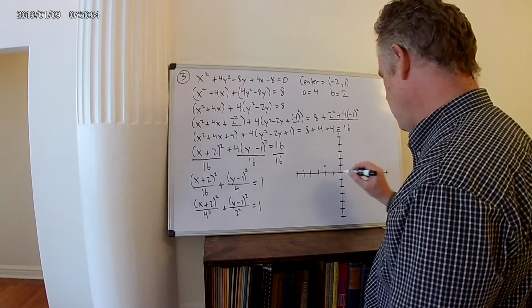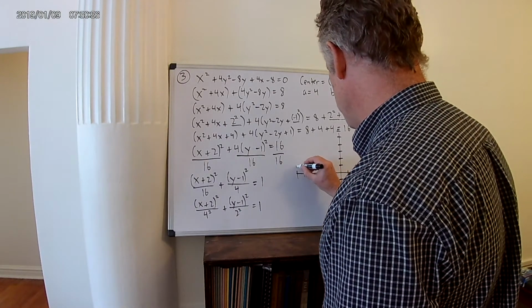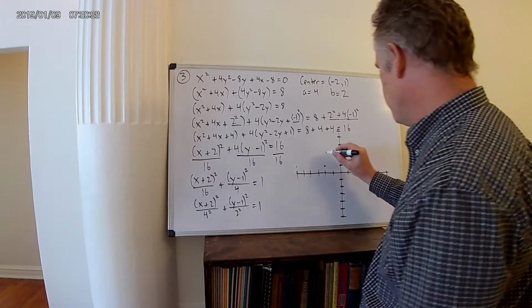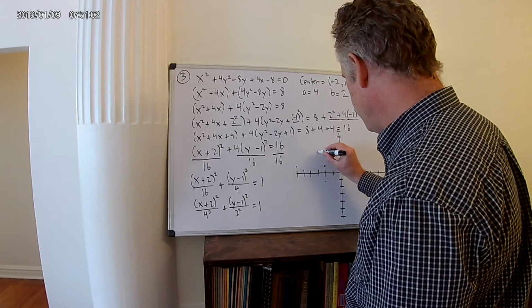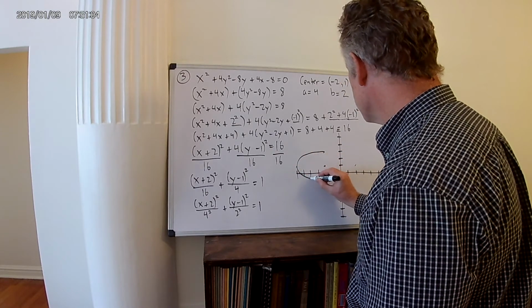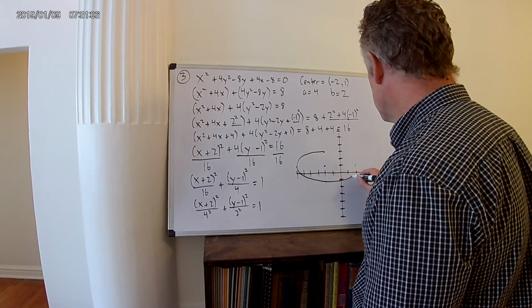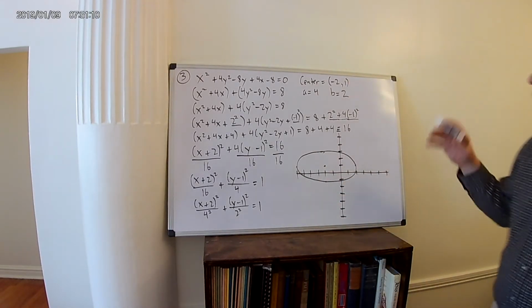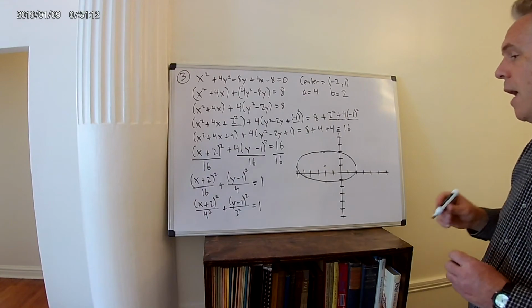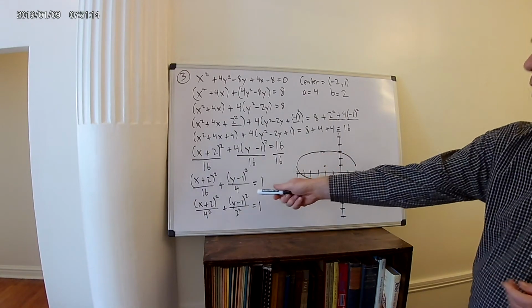So we go over to here. 4 over horizontally puts us here. We're going to go 2 vertically up. So we get 2 and we get 2. And we get this ellipse like this. Okay, that's our ellipse. It's a horizontally oriented ellipse. And that's the equation of our ellipse.